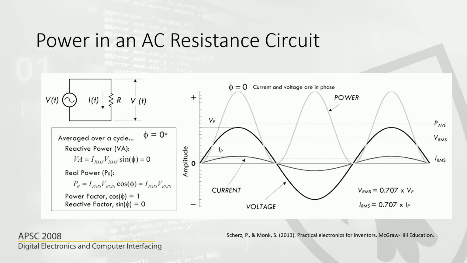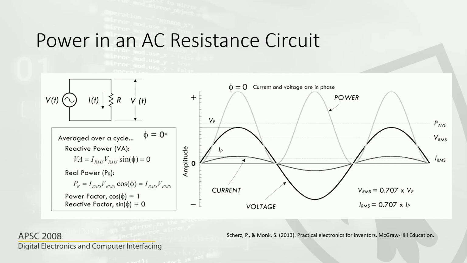In the previous video, we talked about DC resistance circuits and how we can use Ohm's power law to calculate power in a DC resistance circuit. If you know the voltage across the resistance and the resistance of the resistor, you can use the formula V squared divided by R to calculate the power.